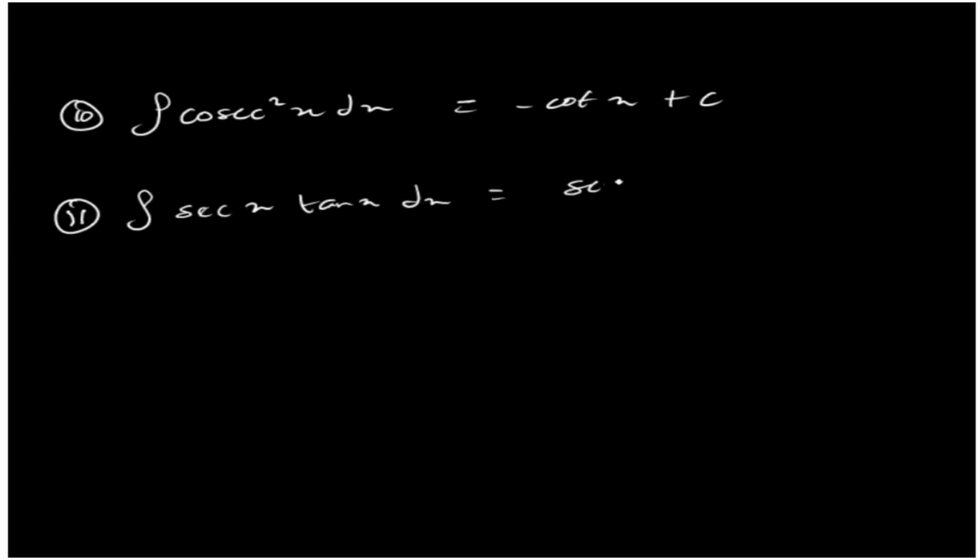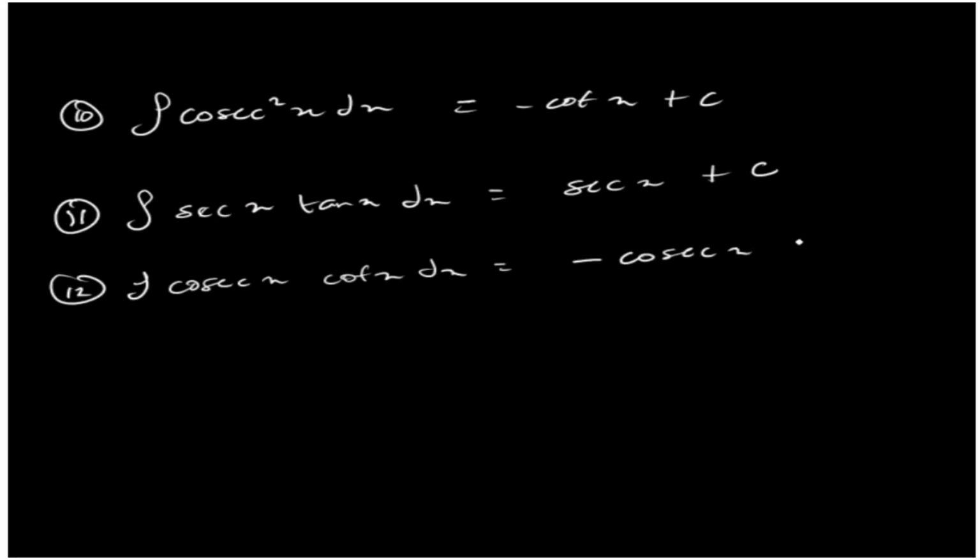This is sec x plus C. Then the last one is cosec x cot x. The integral of this one is negative cosec x plus C.